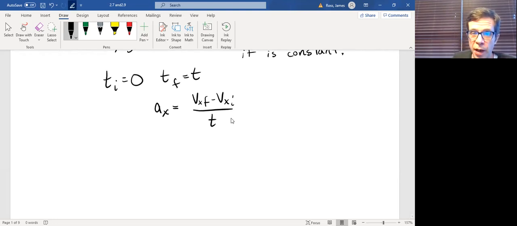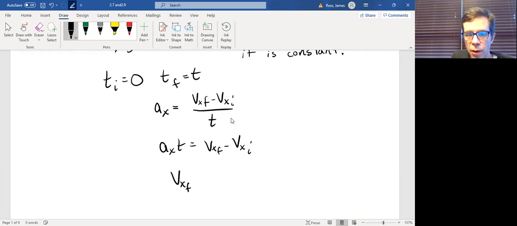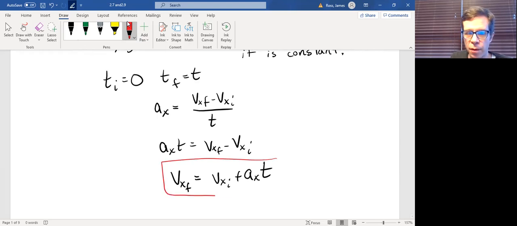If we just multiply by t, and if we add the initial value to each side, we end up with the final value is equal to the initial value plus ax times t. So this is one of our standard kinematics equations.